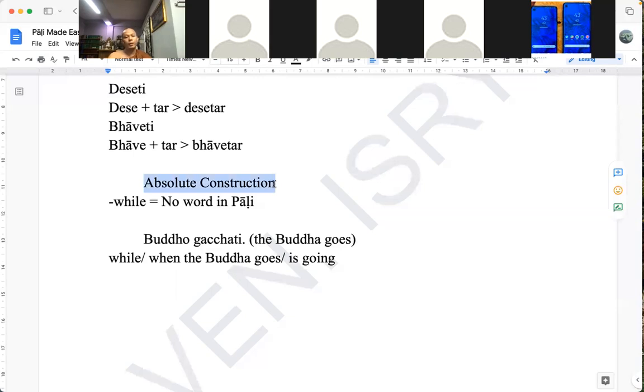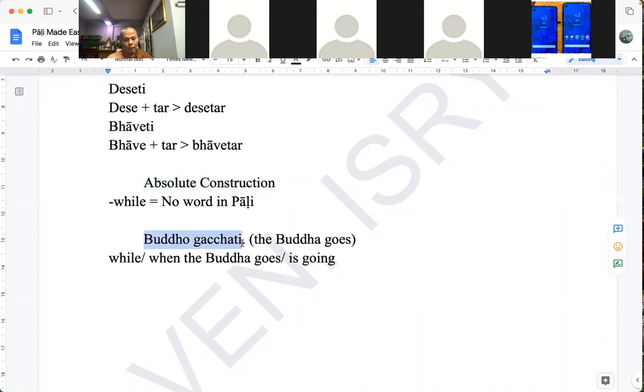In the absolute construction, the subject and the predicate are the same in case, gender, and number.